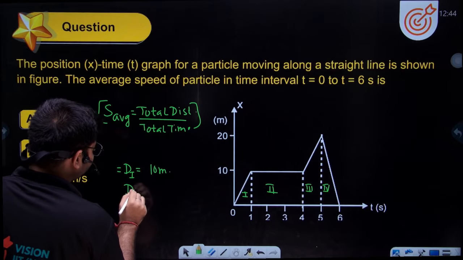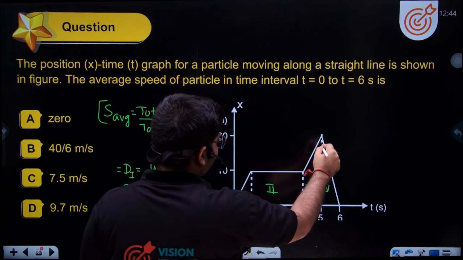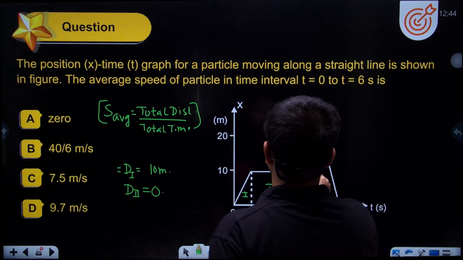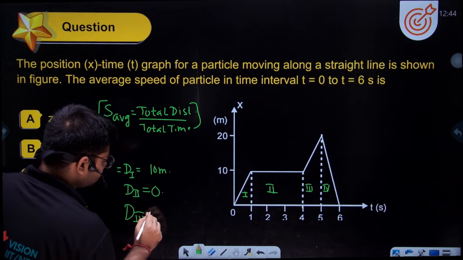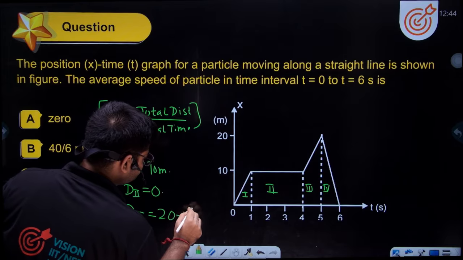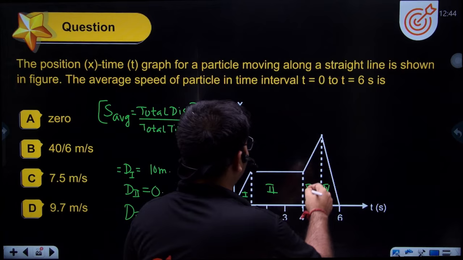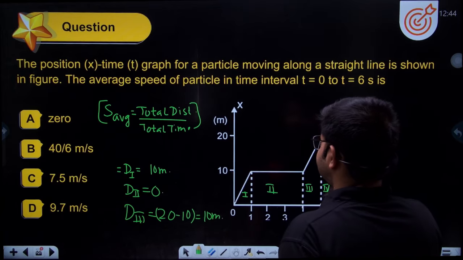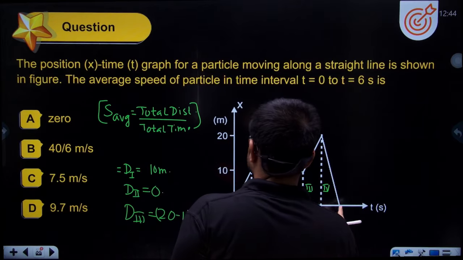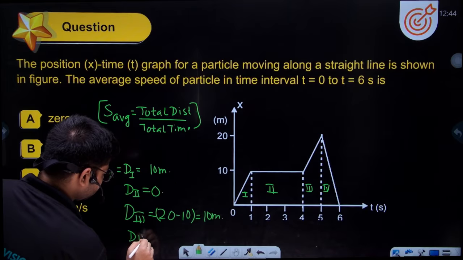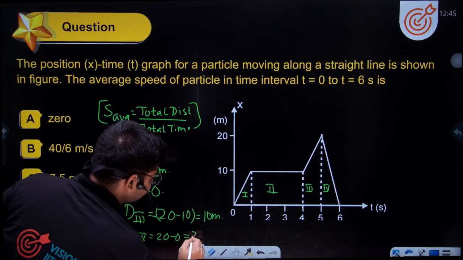So d2 is basically 0. d3 is how much? You see it is 20 minus 10. So we are having 10. And d4 is the distance covered, which is 20 minus 0. So it is basically 20 meter.